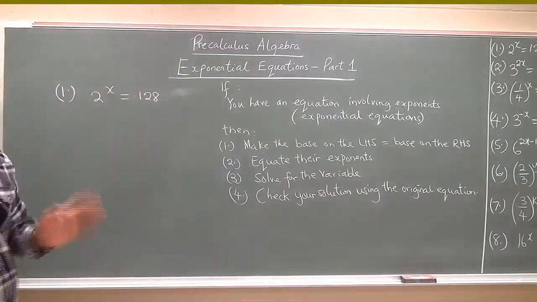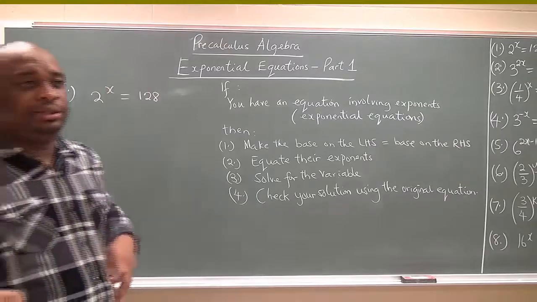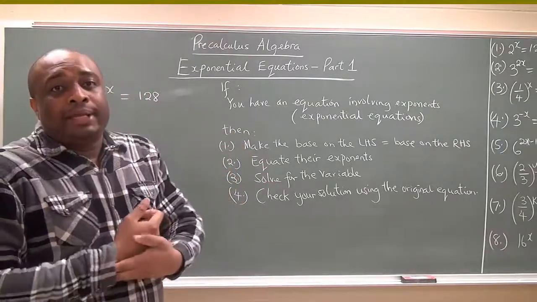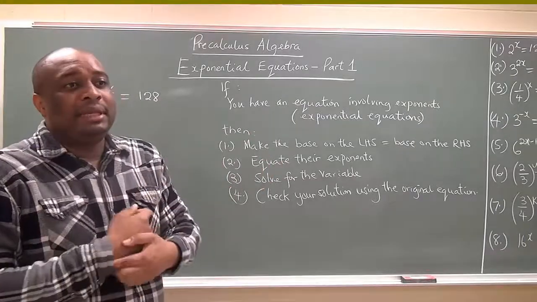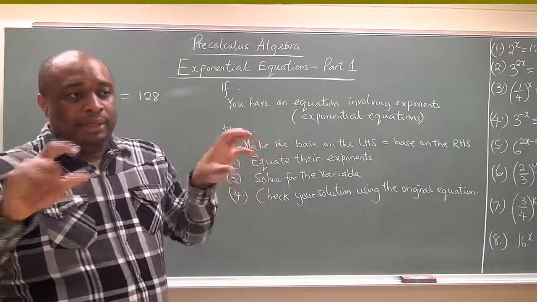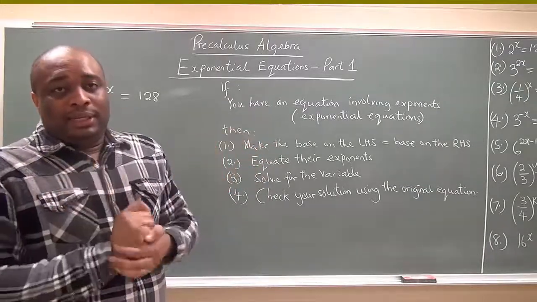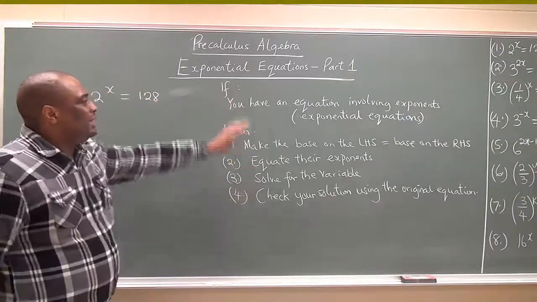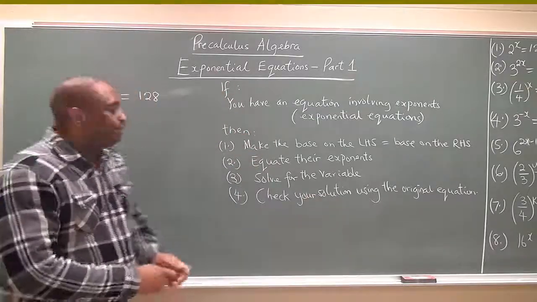Okay? It applies to all the equations, even radical equations. In radical equations, at least part of the solution will be correct, and that part that is correct is the answer. All right, so that is what we are going to do. These are the steps. You might want to write it down.